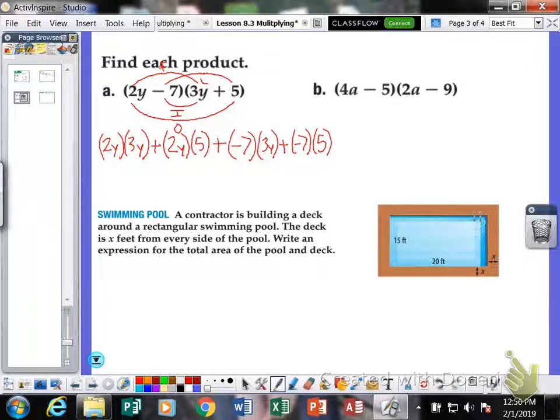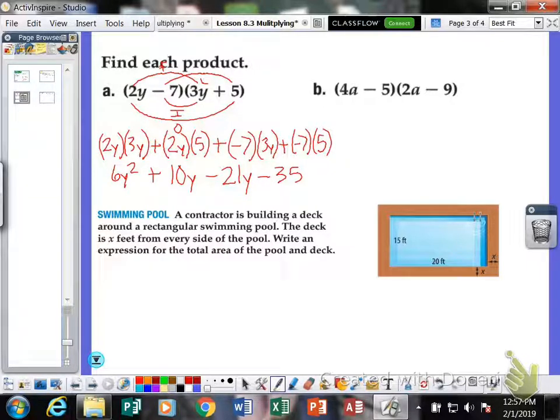So now we just multiply. We have 2y times 3y, 6y squared, plus 2y times 5 is 10y, minus -7 times 3y is -21y. And then -7 times 5 is -35.